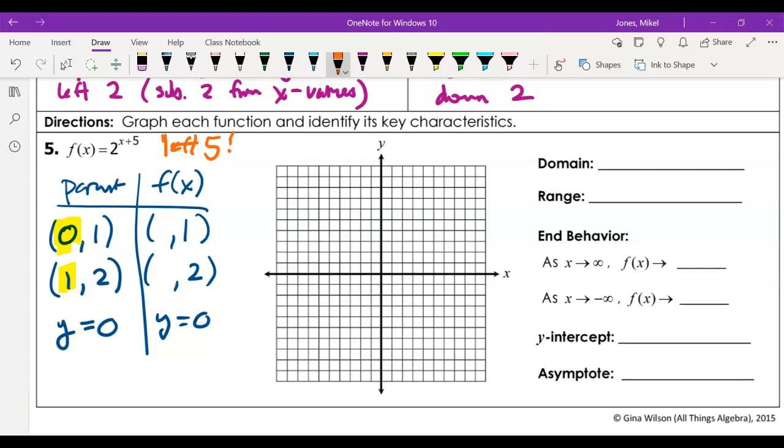So I'm going to move everything to the left 5, so 0 becomes -5, and 1 becomes -4. Okay, so then what I graph here is going to be this. I'm going to graph the points -5, 1, and -4, 2. And so this graph is going to be doing this.